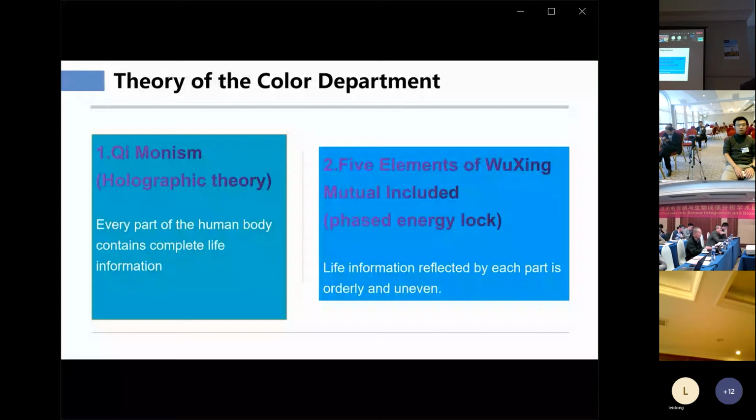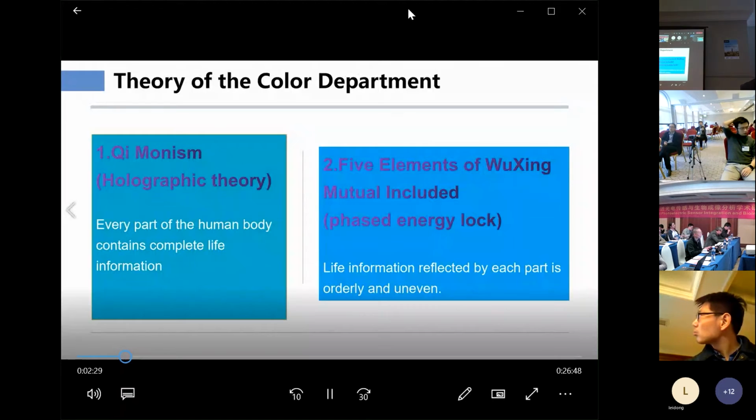So the theory of color department is that every part of the human body contains complete life information, like one piece of DNA contains all the life information. Then for TCM, we think the parts of the human body contain complete life information.